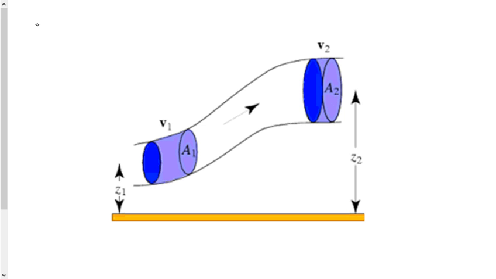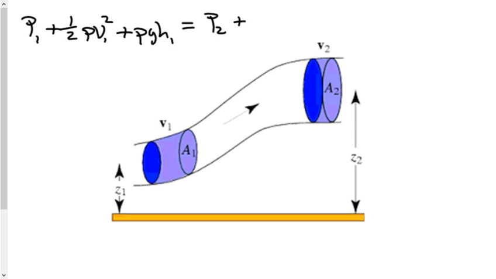So it goes like this: pressure 1 plus 1/2 rho v1 squared plus rho g h1, and we probably should put 1s here and here also, must equal pressure 2 plus 1/2 rho v2 squared plus rho g h2.